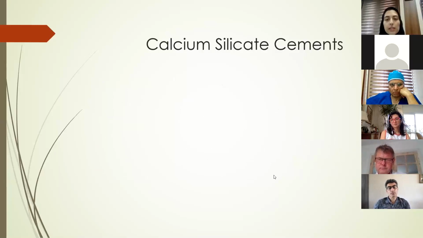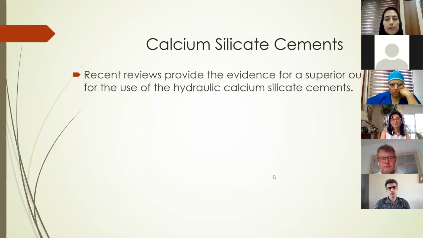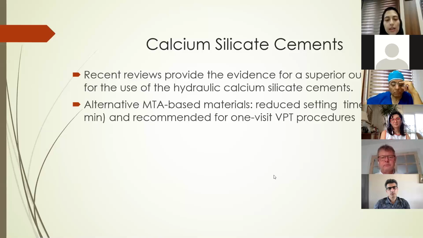The second material which is introduced as a pulp capping material is calcium silicate-based cements. Recent reviews provide the evidence for a superior outcome for the use of this kind of cements. Alternative MTA-based materials try to reduce setting time, for example, Biodentine, and they are recommended for one visit vital pulp therapy procedures.